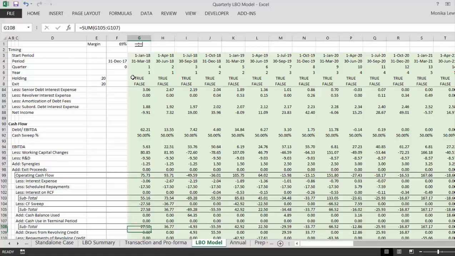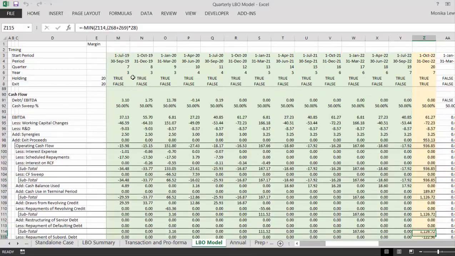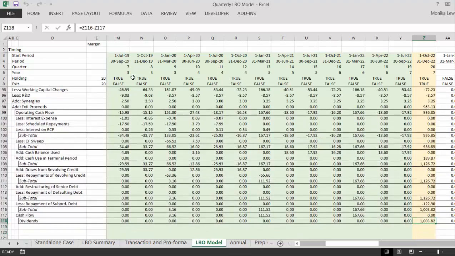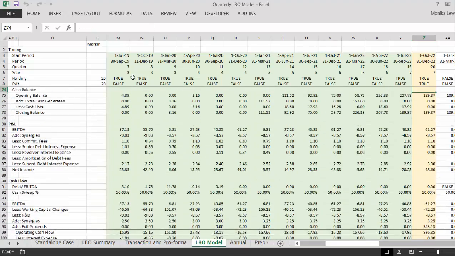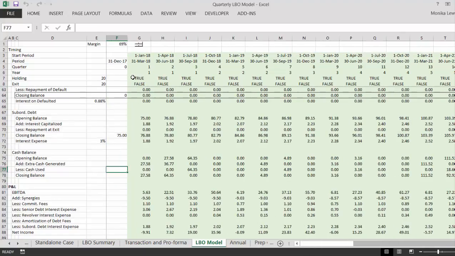Okay, we take the last subtotal, and that's why I'm a great believer in lines here. So now we have an extra amount of cash, and then we have extra amount for the dividends, and this cash balance where we say less cash used, I guess.